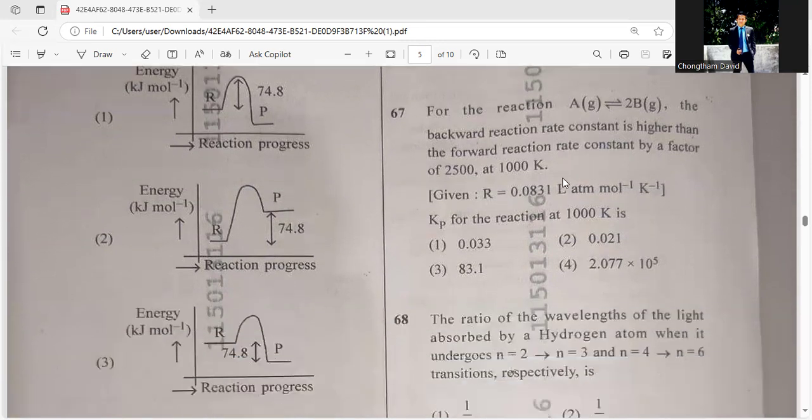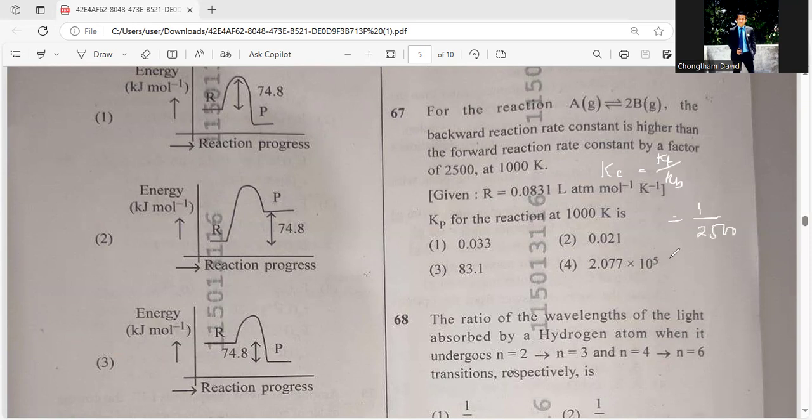And question number 67. For the reaction A changes to B, the backward reaction rate constant is higher than the forward rate constant by a factor of 2500 at 1000 Kelvin. So equilibrium constant Kc equals forward by backward. So this will be 1 by 2500.